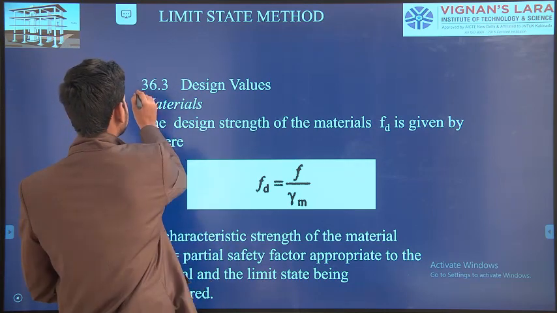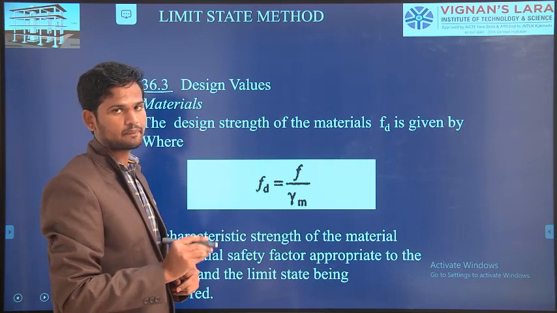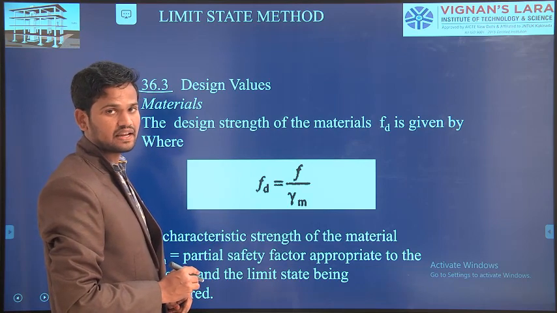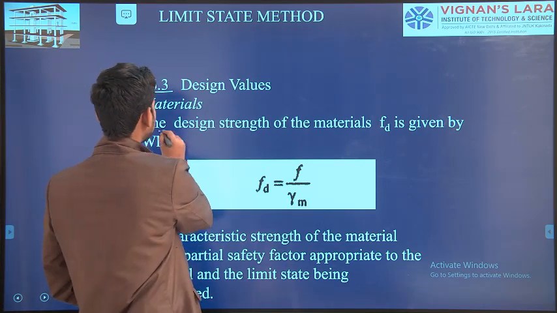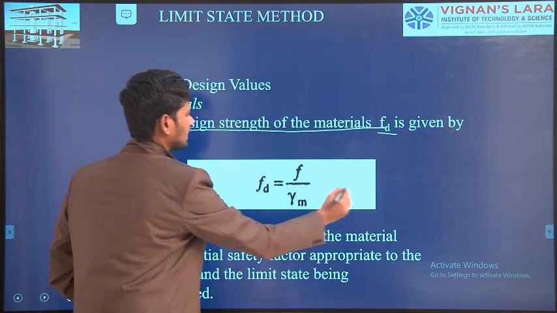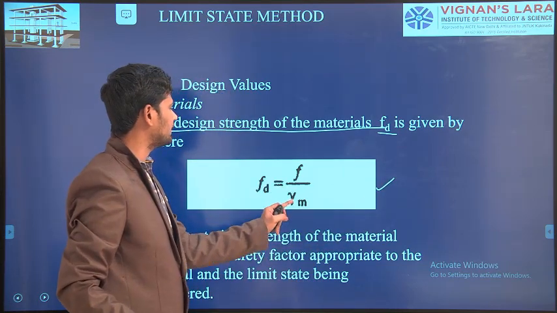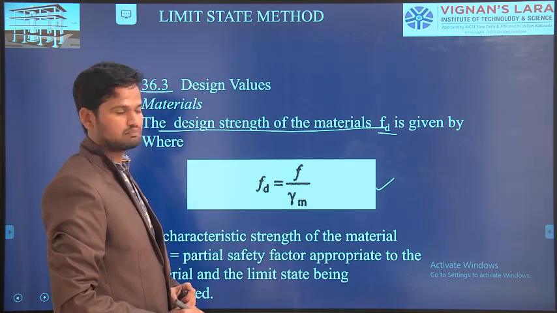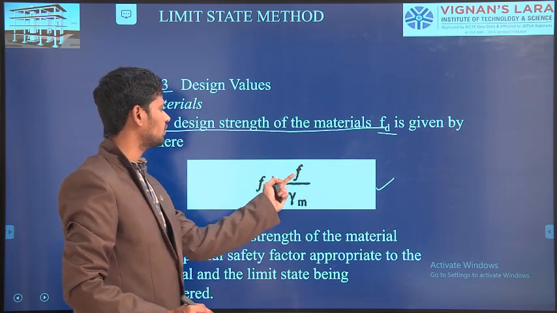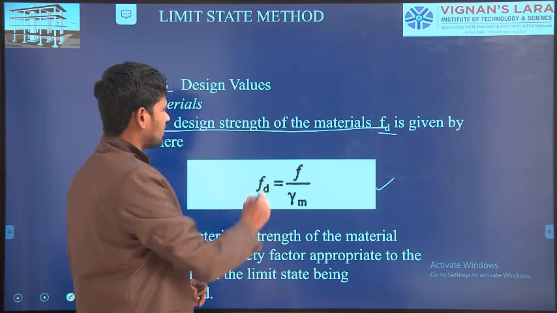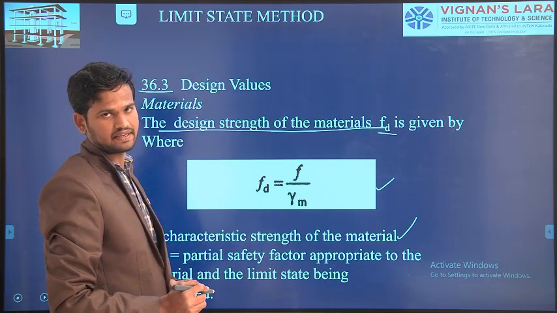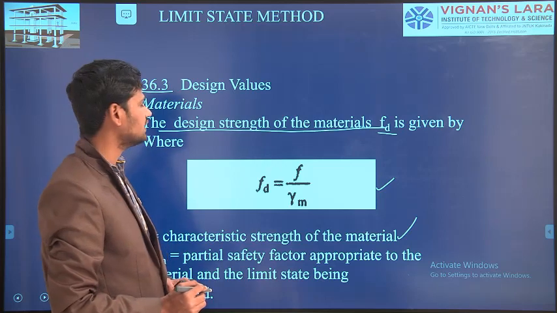From Clause 36.3 of IS 456 2000, Code of Practice for Plain and Reinforced Concrete, we are taking the various design material values. If you see here, the design strength of the material fd is given by the equation fd equal to f divided by gamma m, where f is called the characteristic compressive strength of the material.